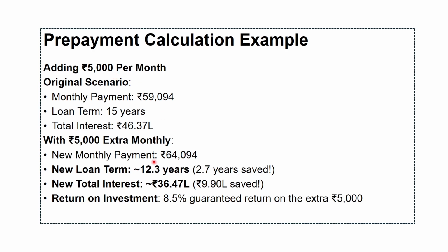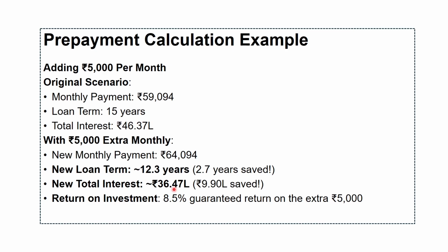The new monthly payment is 64,094, reducing the term to approximately 12.3 years, saving 2.7 years and interest to 36.47 lakhs, saving 9.90 lakhs.